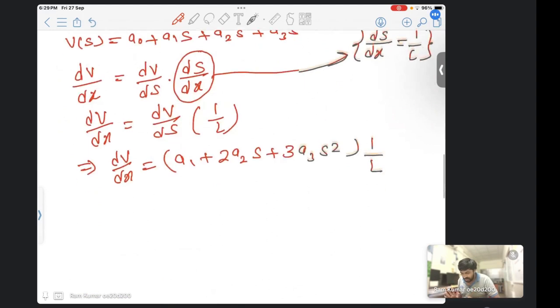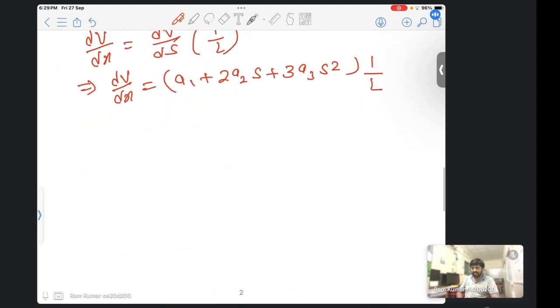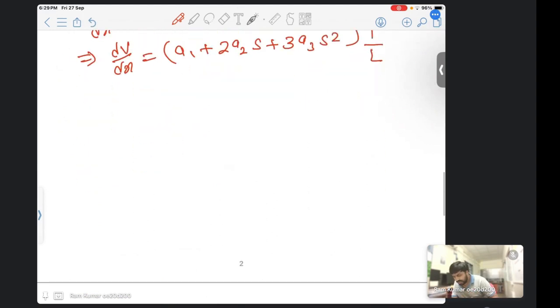Okay, final answer I will write here. I missed somewhere. So what will be the final equation for a1, a2?